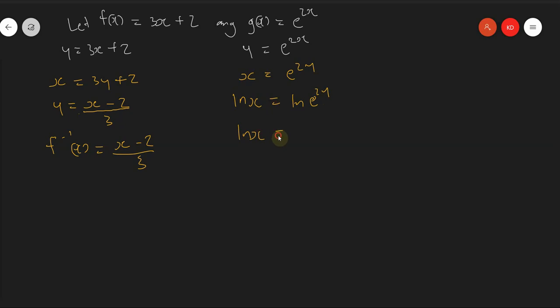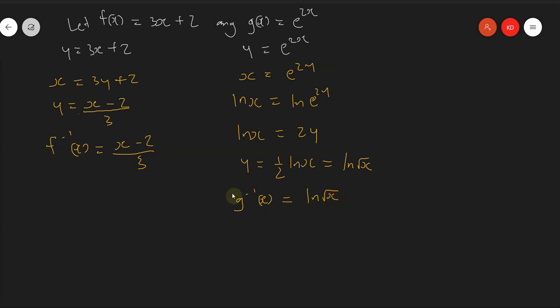Therefore ln x is simply equal to 2y, and therefore y is equal to half ln x, or if we want to tidy that up, it's equal to ln root x. So therefore g inverse of x would simply be equal to ln root x.